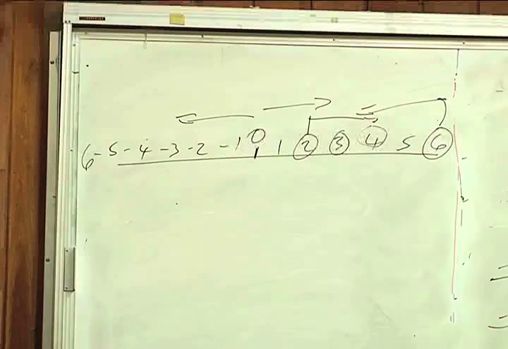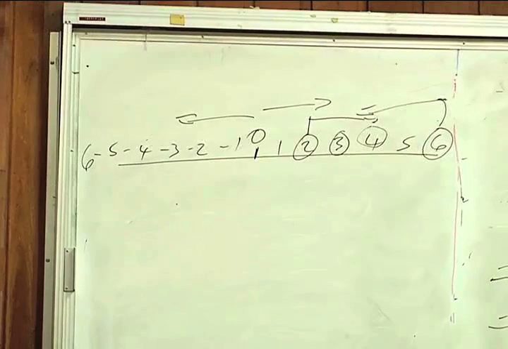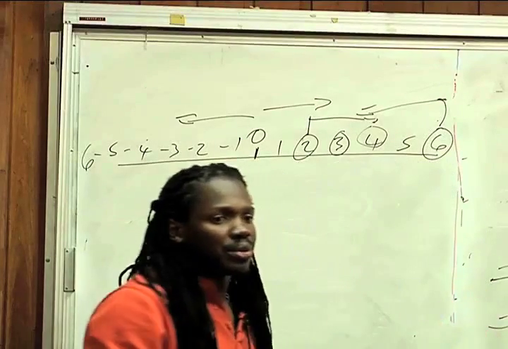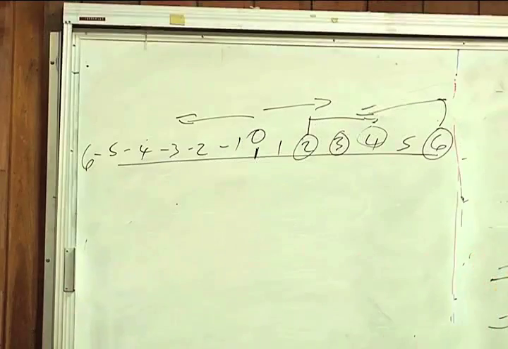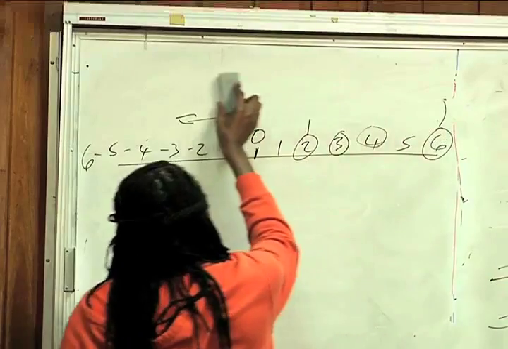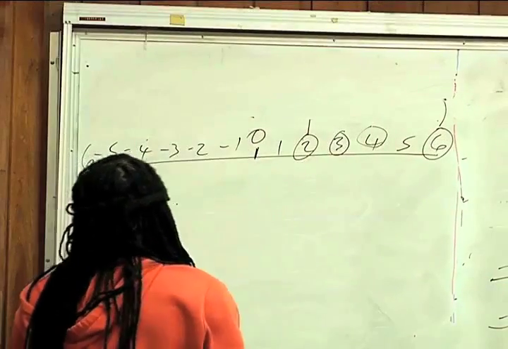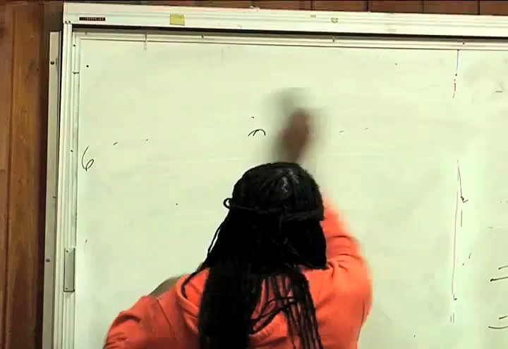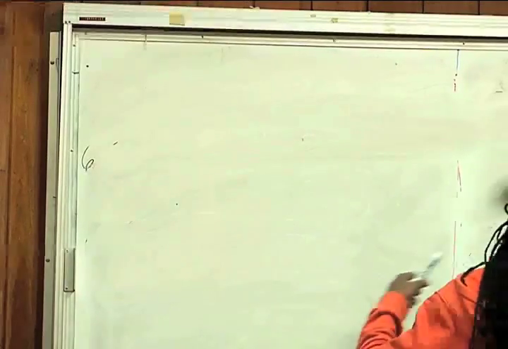Now find the value of negative 7 minus 9. Let me show you how the number line becomes important. You start at negative 7.